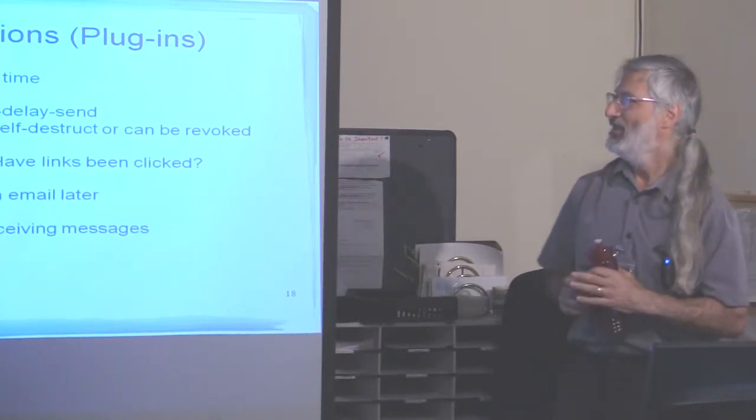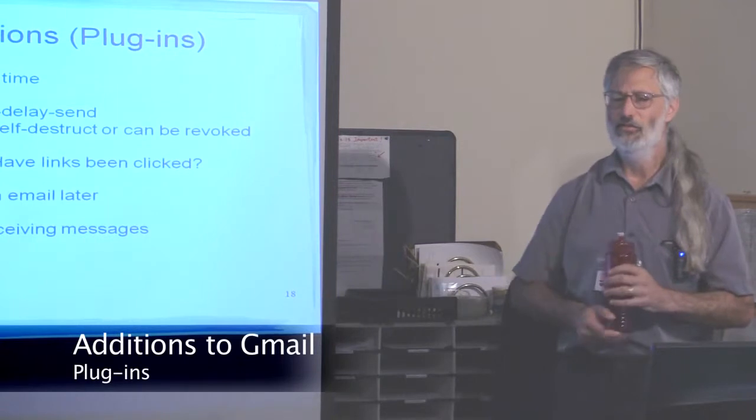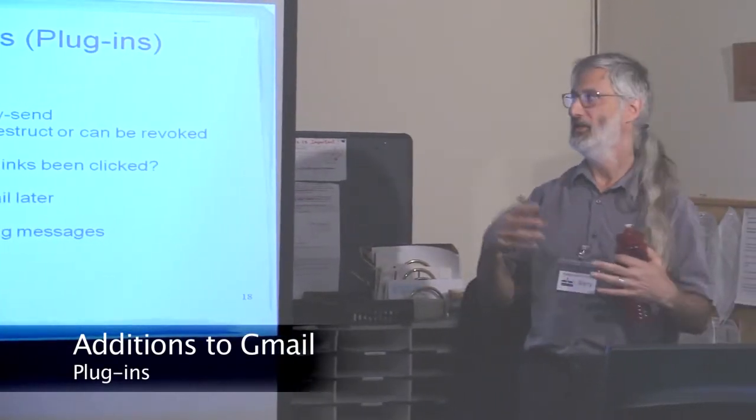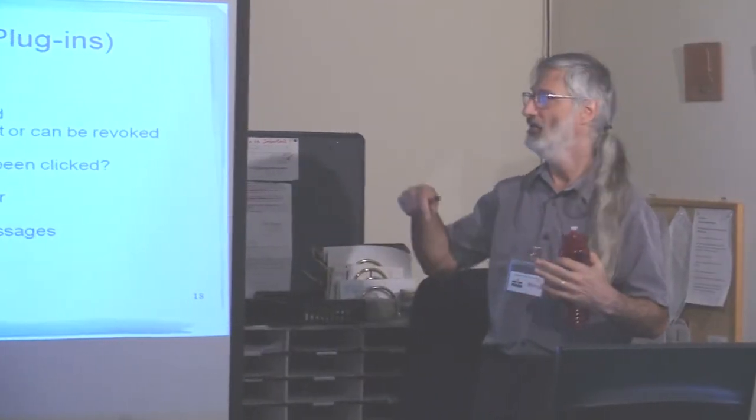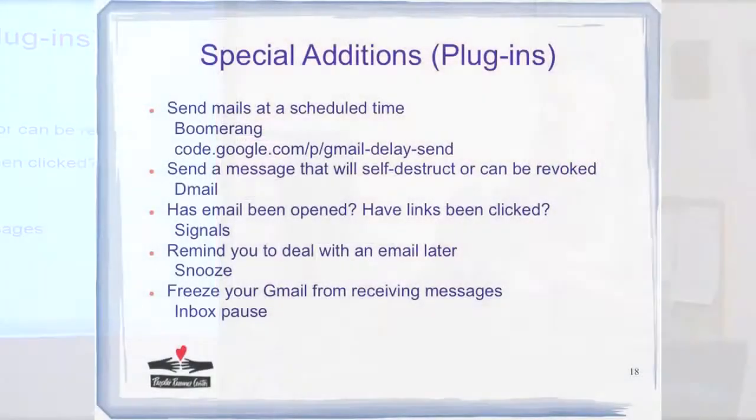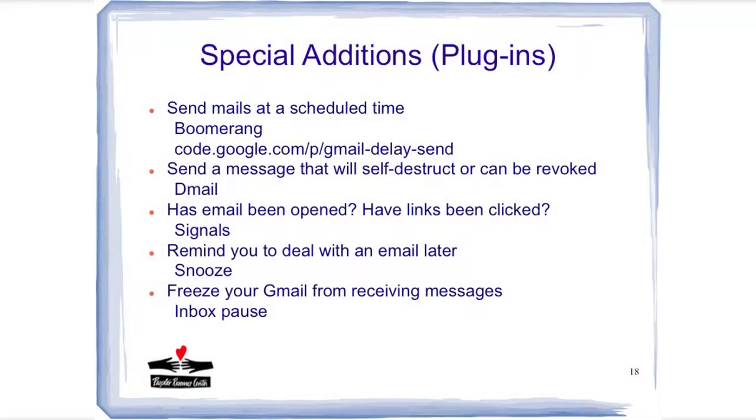Then to get even fancier, there are things that aren't included with Gmail, but can be added on as a plugin. That can be installed as an addition to Gmail, and it will do things. Has an email been opened, or has somebody clicked on the link?